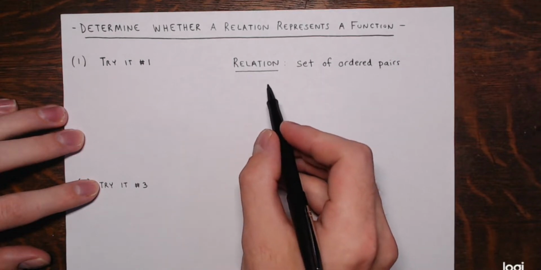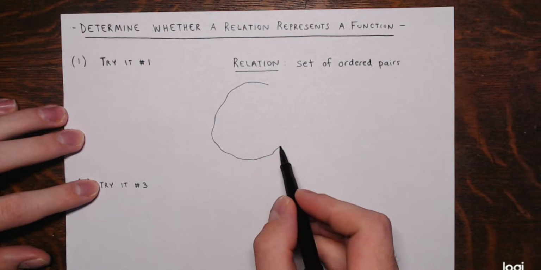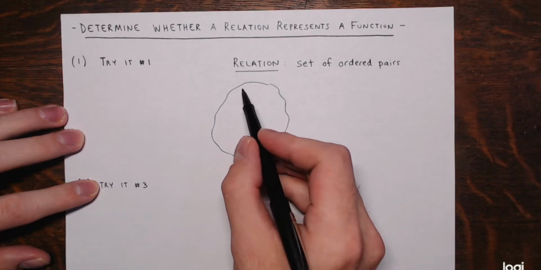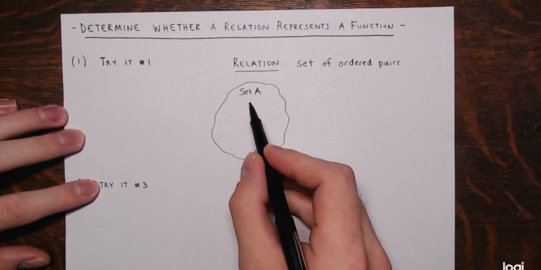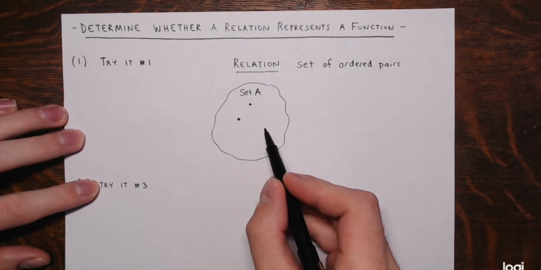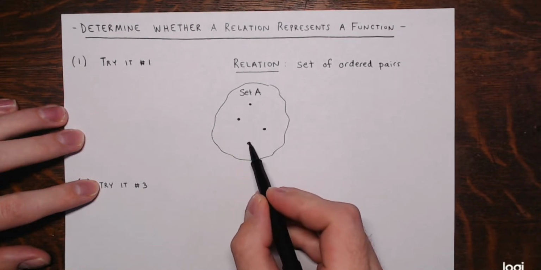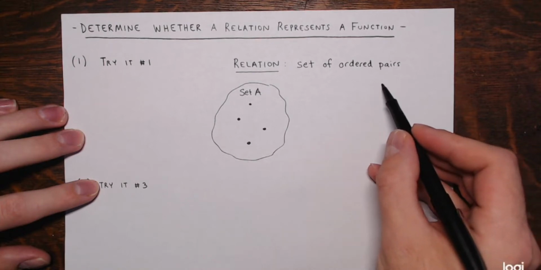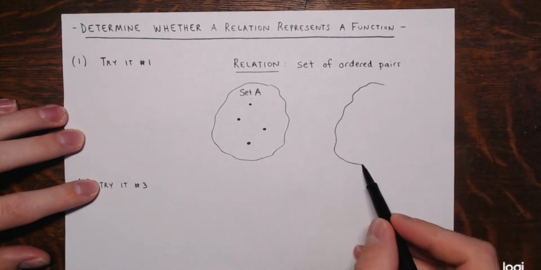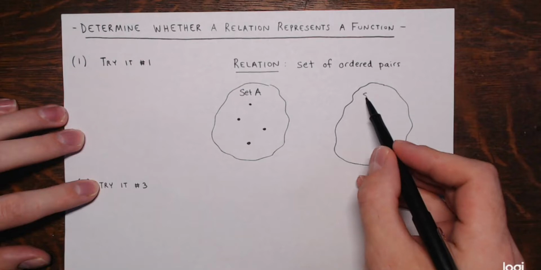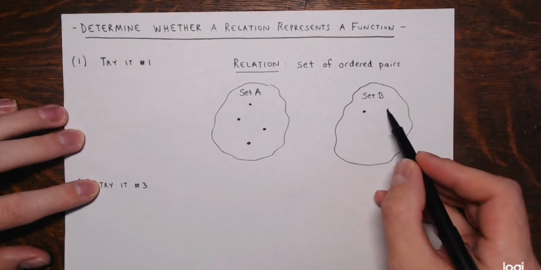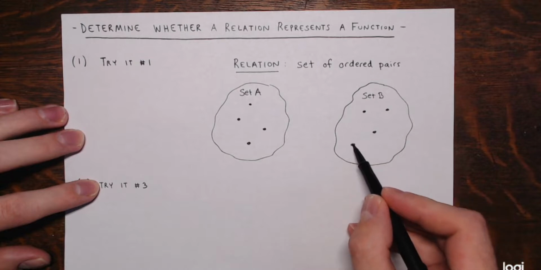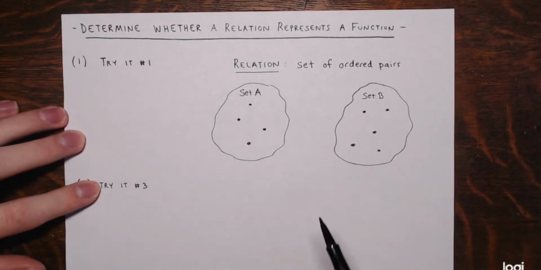Right? So say here's set A with several elements in it, and two elements of another set. Right? So there's pictures here. There's set B, and here's some elements in this set as well. These little dots represent elements.